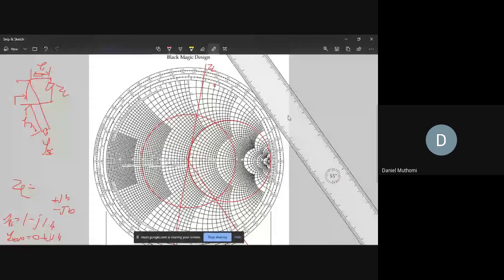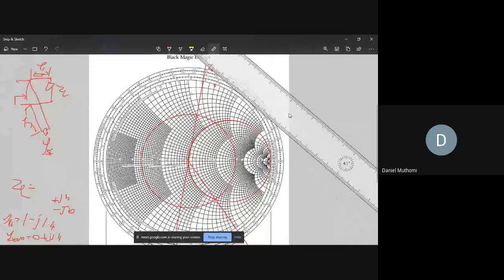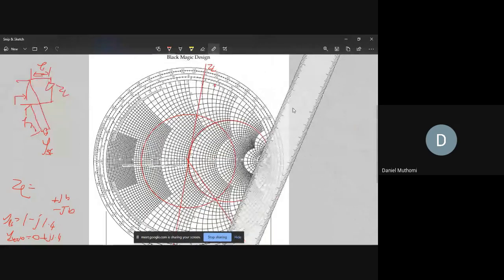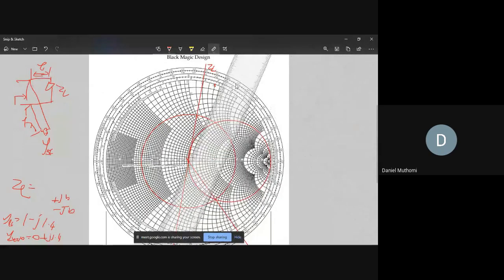For this, we draw a straight line from the center through our j1.4. We pick it at the edge because remember, the resistive part was 0.